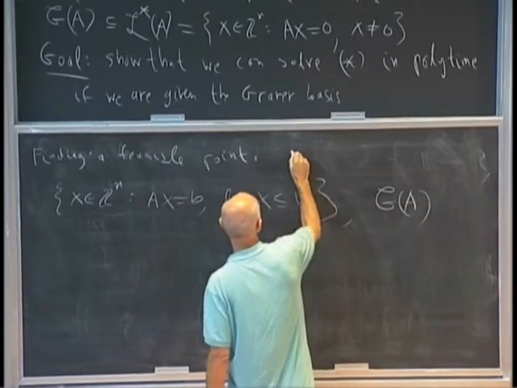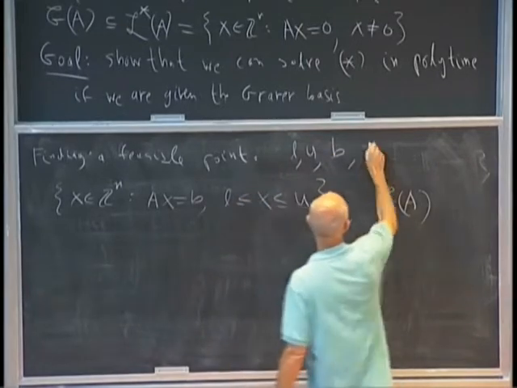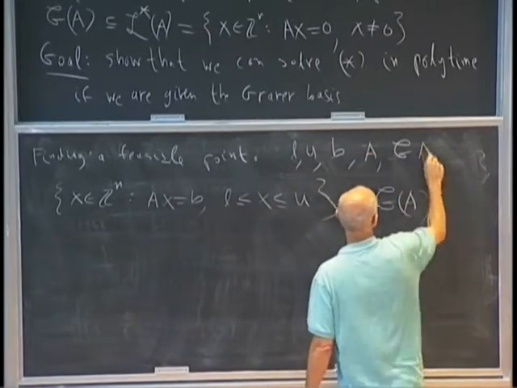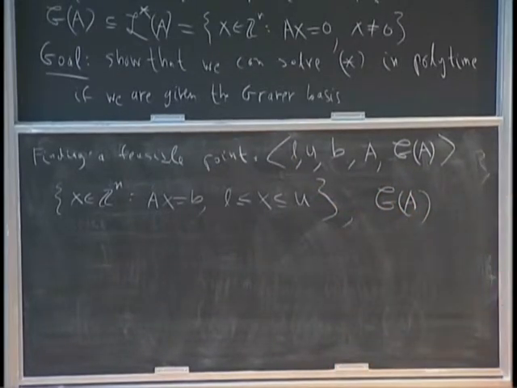So the input includes l, u, b, A, and the Graver basis of A. We want to do things in polynomial time in this. There's no x, and we assume that this set is finite again. You can check this. And the question is, how do we find the feasible point?